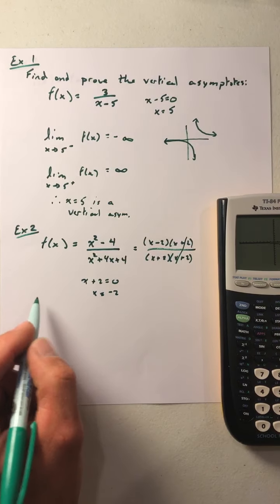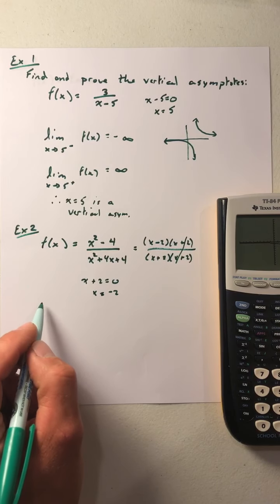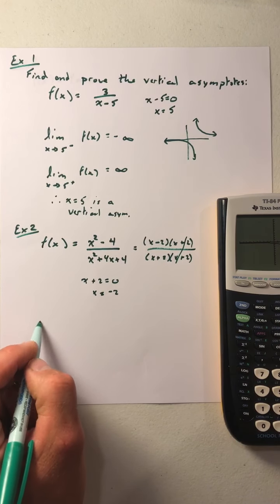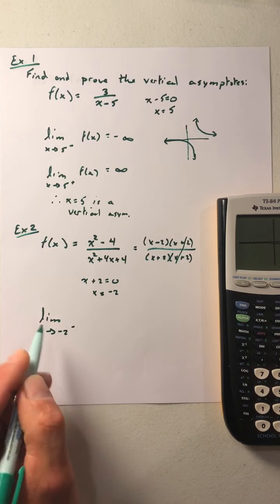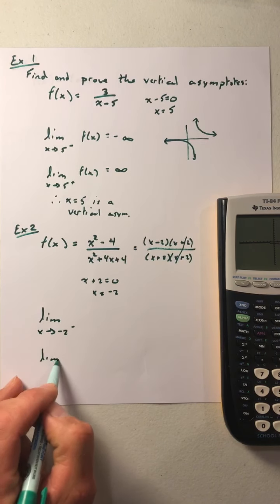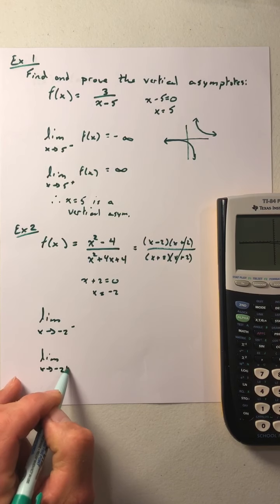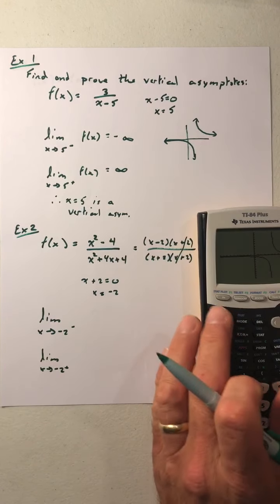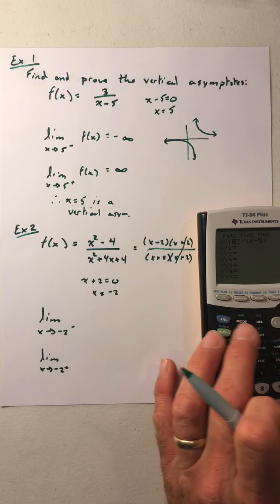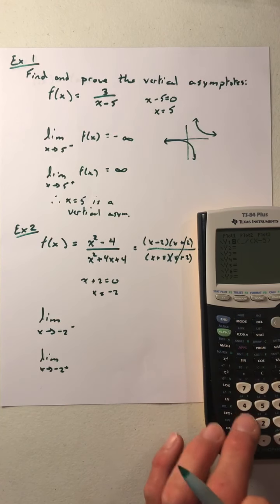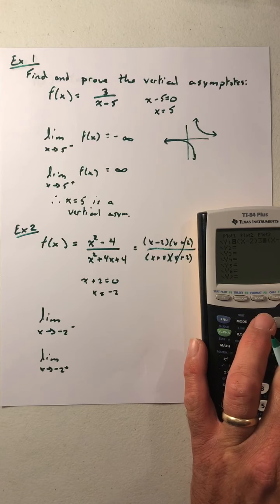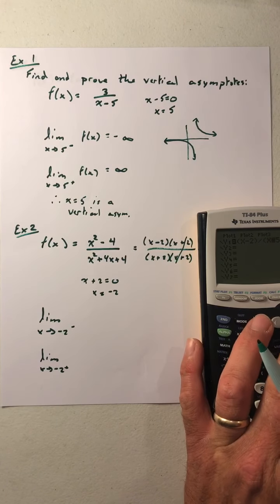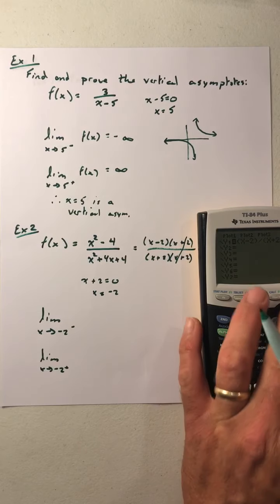Now what I can do is take the limit as x approaches -2 from the negative side, and the limit as x approaches -2 from the positive side. So again, I'm going to go to my calculator. I type in x minus 2 divided by x plus 2.